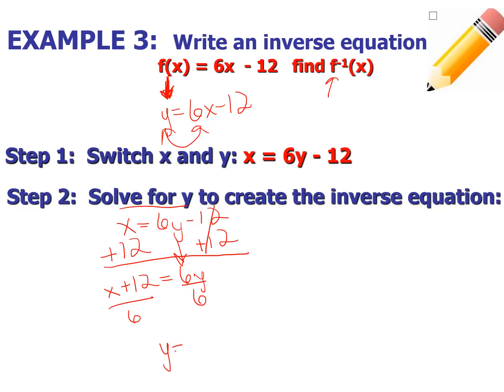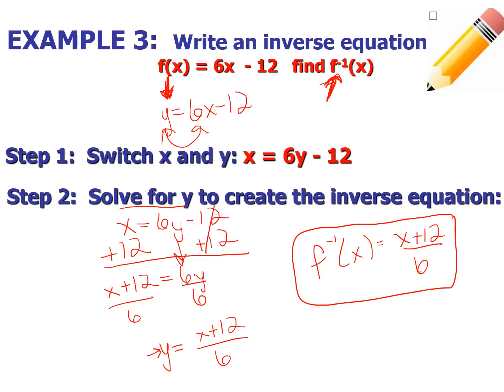So we have y is equal to x plus 12 in the numerator, all divided by 6. And remember, this y is representing my inverse function, so we're going to write it as f to the -1, or f inverse of x is equal to x plus 12 divided by 6. And that is my inverse equation, or my answer.